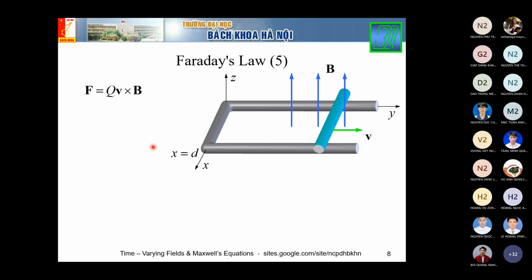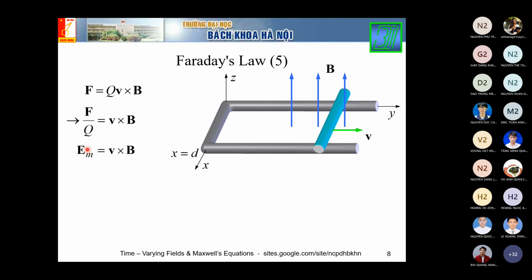If I divide both sides by q, then we have this. And remember this, from the very beginning chapter of this course, we knew that the ratio of the force to the charge is the electric field. Okay, then the left side here is the electric field. But this one is not the normal electric field. This one is not the electric field of an electrostatic field.